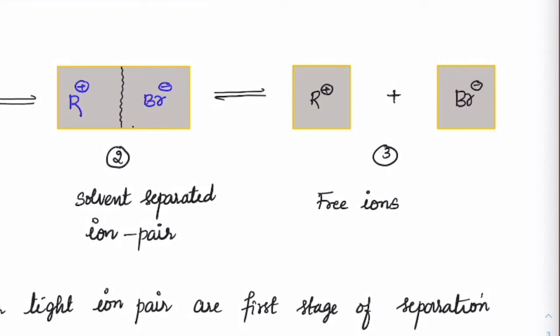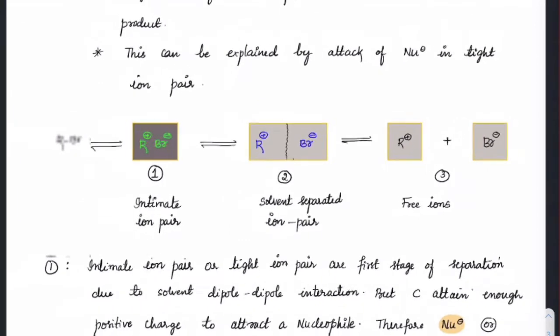You may have learned conductometric titrations also, and if you remember conductivity at infinite dilution, Kohlrausch's law says that both ions become completely independent of each other at infinite dilution, correct? Think along the same lines, as if it is an infinite dilution, both the ions got completely separated out now. So these are the free ions which are formed. This is how exactly carbocation forms.